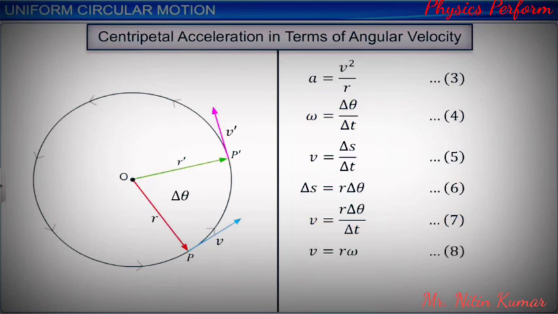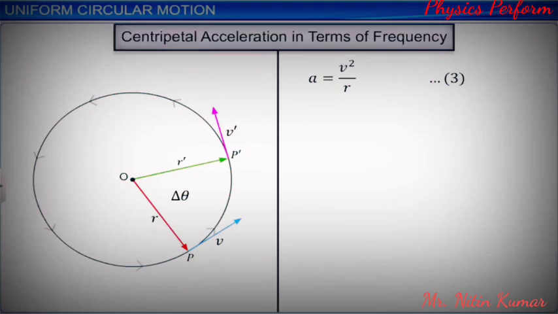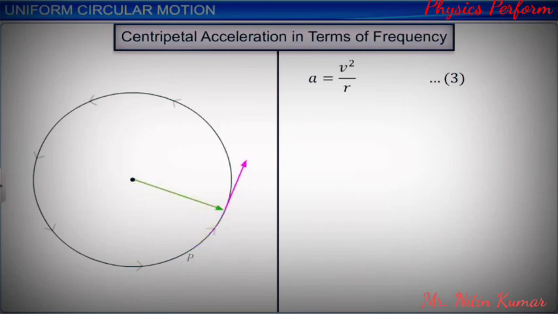Now let us find the centripetal acceleration in terms of frequency. Time taken to make one revolution, that is, time period, is T. Frequency f is the number of revolutions in 1 second. Therefore, f is equal to 1 by T. Distance moved by the body in one revolution is equal to 2 pi r.